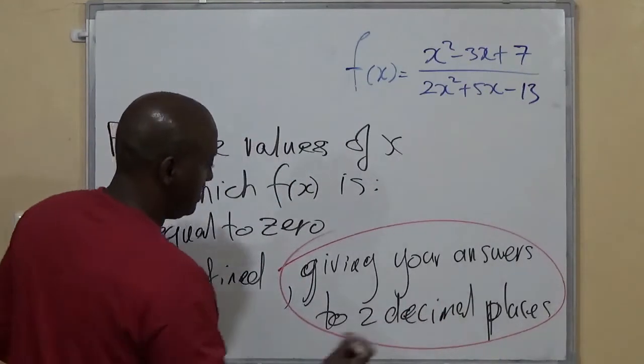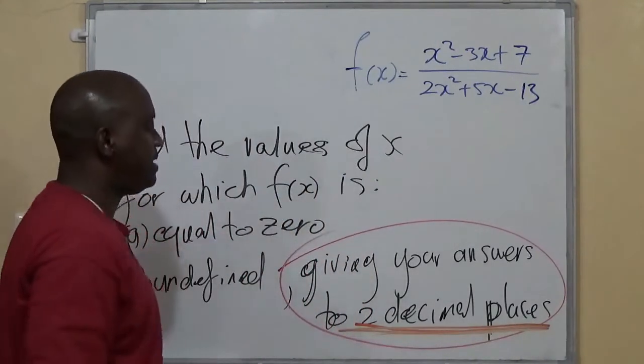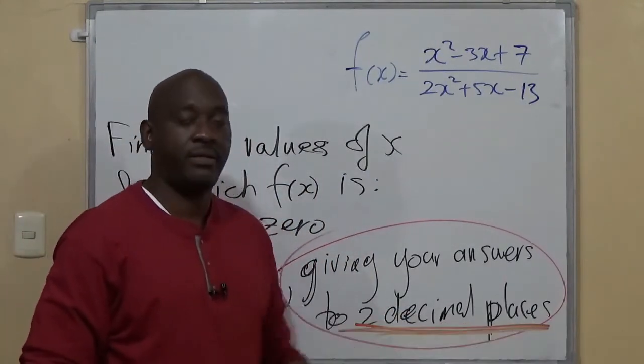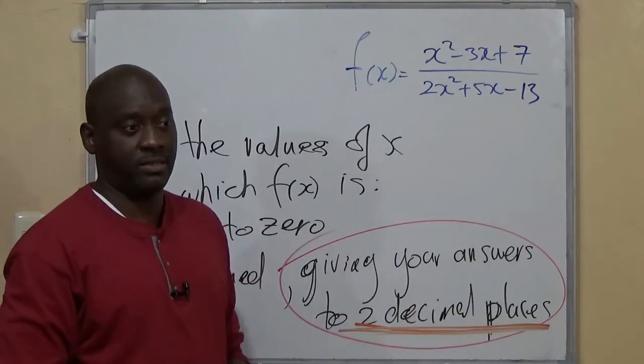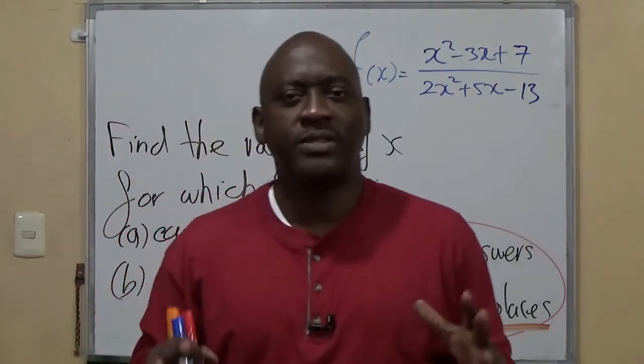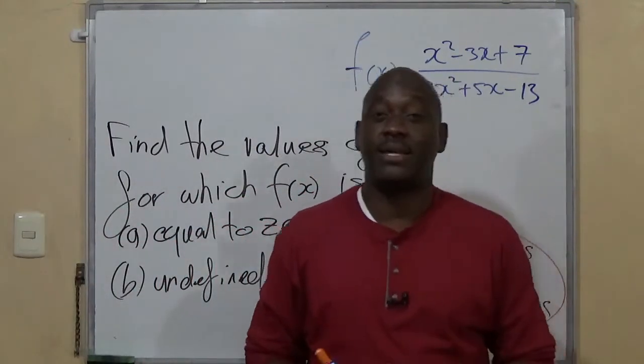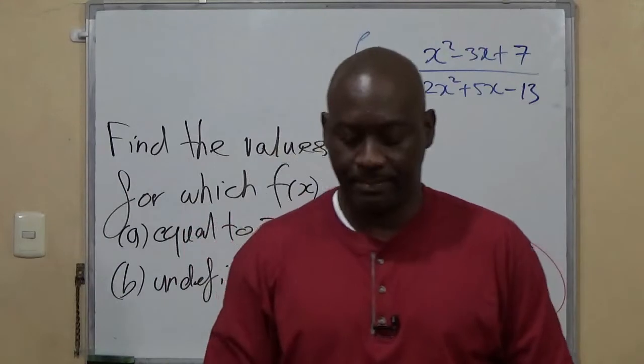Ladies and gentlemen, this here is a clue. From the time you see this in CSEC, Relations and Functions, don't even think about trying to factorize. That will be an exercise in futility. You will waste time.